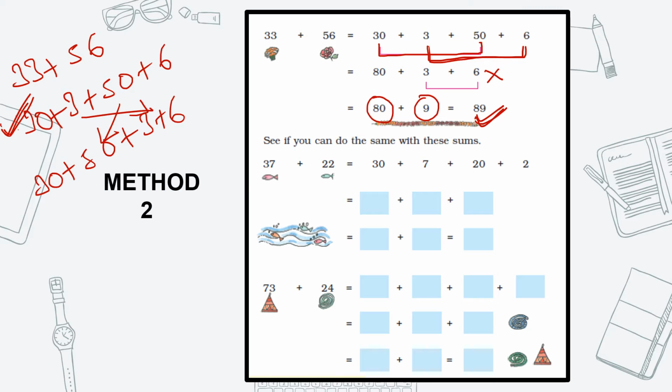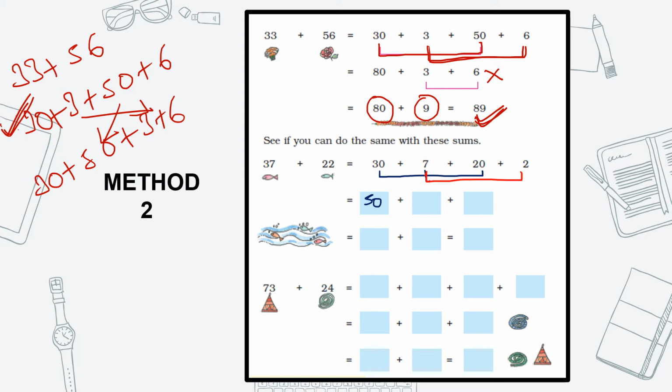Alright, simple. Okay, let's do the same here. 37 can be written as 30 and 7. 22 can be written as 20 plus 2. Now group 30 and 20 and group 7 and 2. So 30 and 20 gives us 50, right?